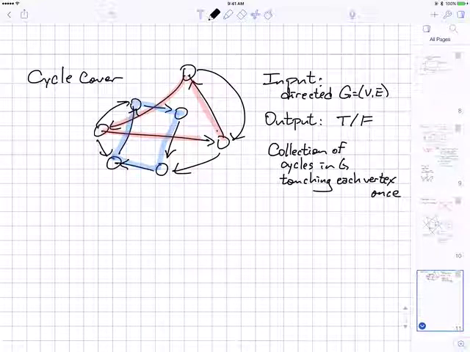Bipartite matching is the simplest example of an assignment problem. I have two different kinds of things, and I want to assign everything on the left to some corresponding thing on the right. So I want to assign x's to y's, whatever x's and y's might be.